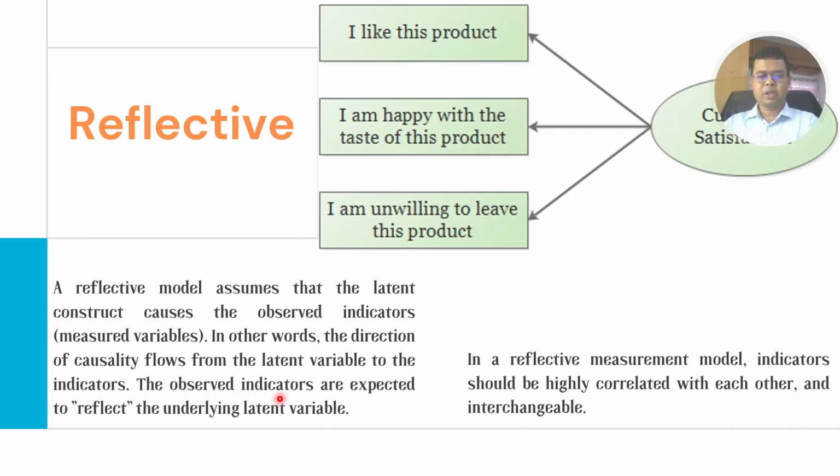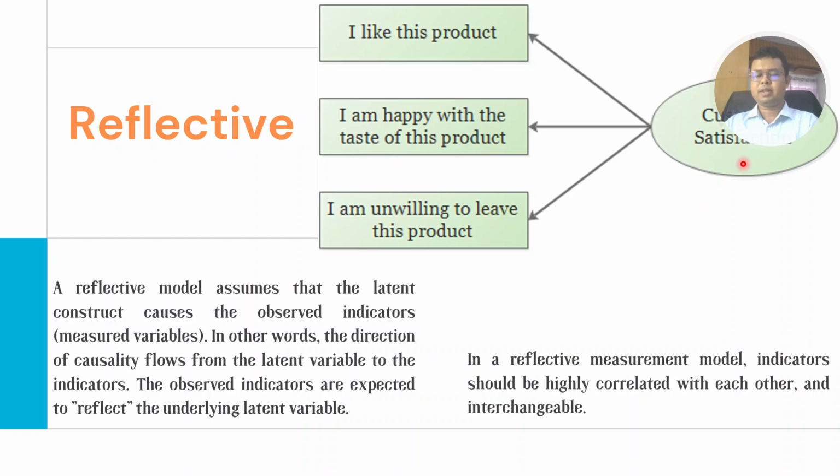The observed indicators are expected to reflect the underlying latent variable. It means for customer satisfaction, these indicators are reflecting this factor. Once again, these indicators or measurement items are reflecting the factor customer satisfaction.